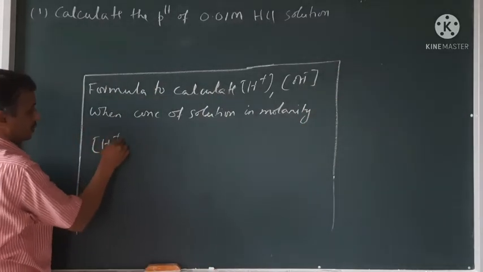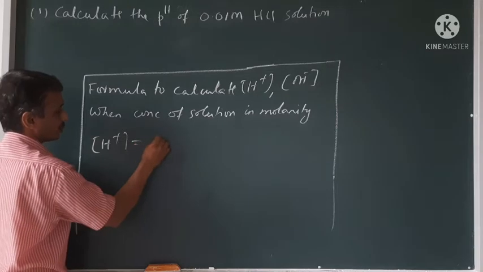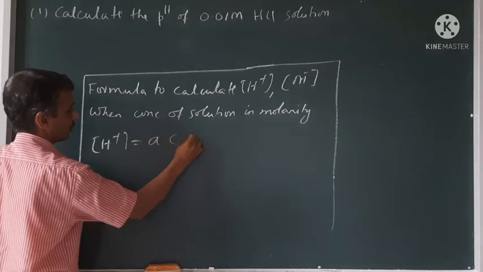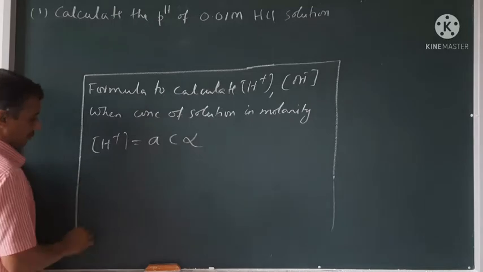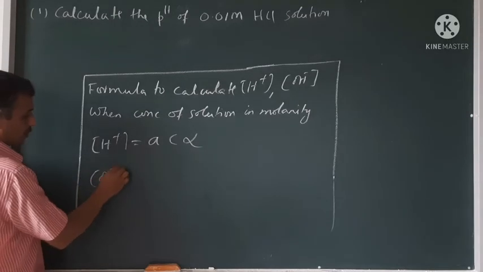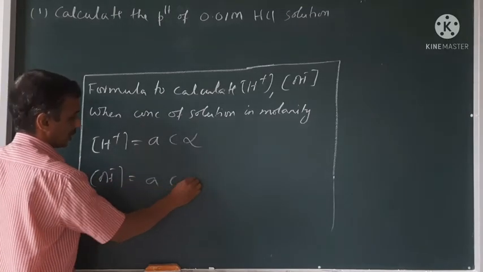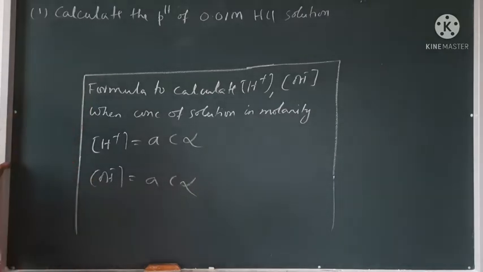H plus concentration is equal to A into C into alpha. OH minus concentration is equal to A into C into alpha.